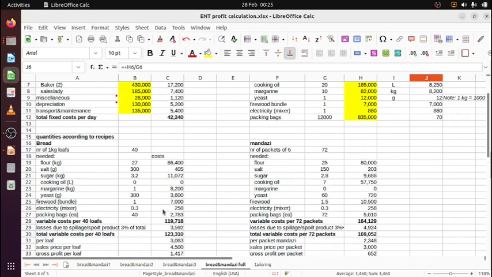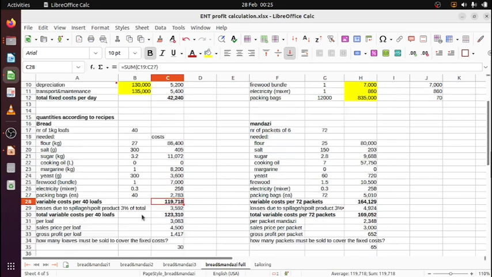So then I have for my 40 loaves of bread, I can easily calculate the cost for that, ingredients, packing bags and firewood, but the variable cost for 40 loaves is this. And then you have to calculate some spillage, you waste some flour, sugar, oil, some bread gets spoiled.